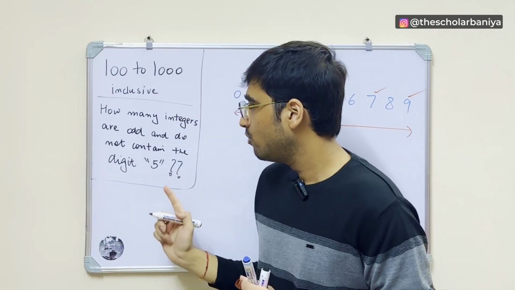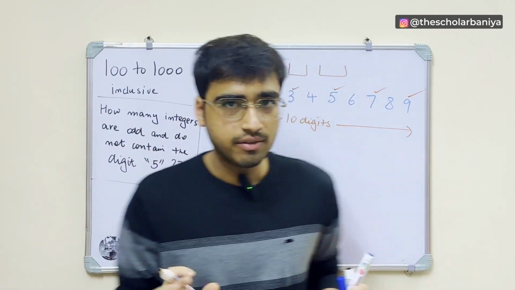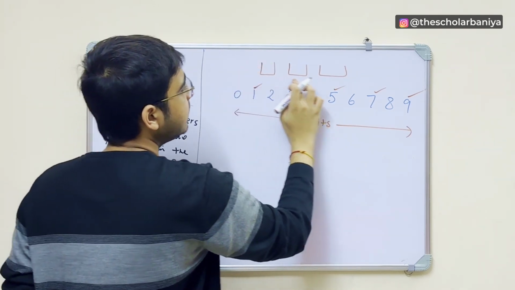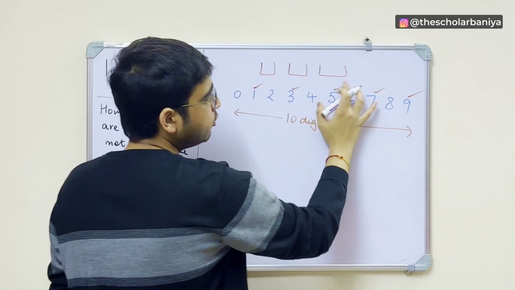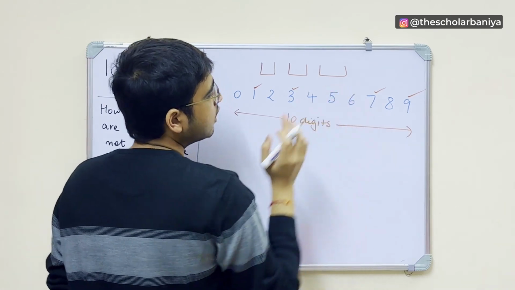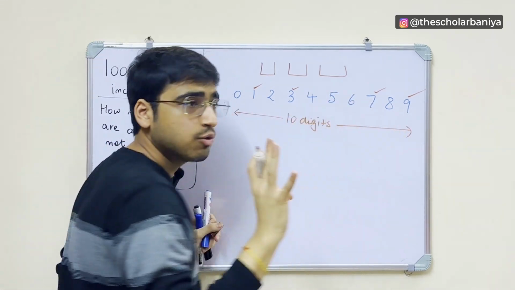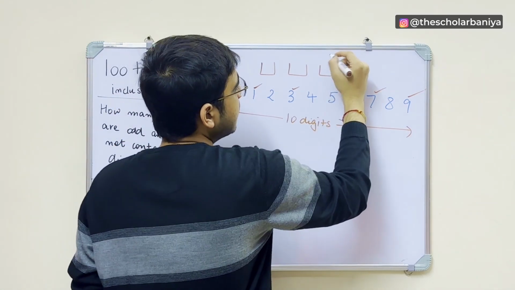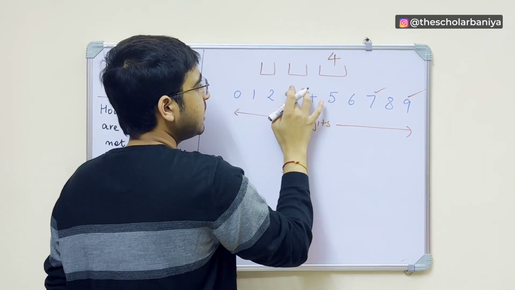But we are also given in the question that the integer should not contain the digit 5. That means this entire integer should have no 5 in it. So let's remove 5. What options do we have? We have 1, 3, 7, 9. So we have a total of 4 options. Let's write 4 over here. I hope this is pretty clear.